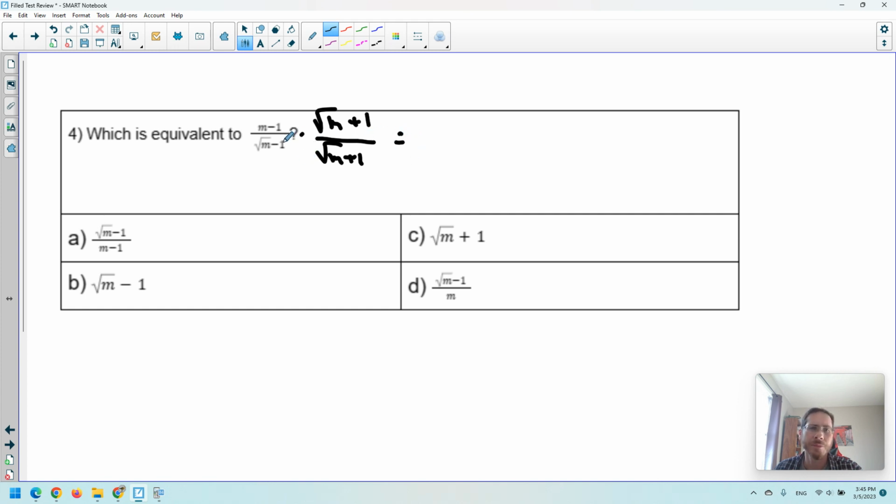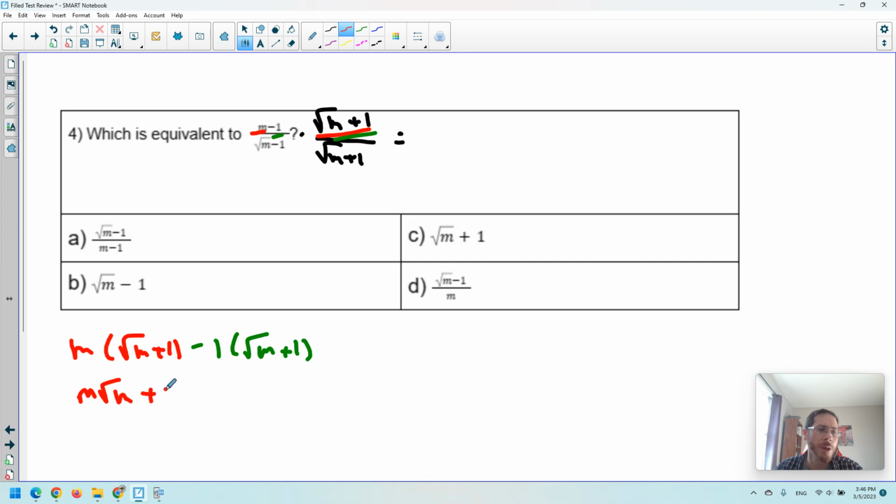When I do that, up top, we do have to do the double distributive property. So m times square root m plus 1 minus 1 times square root m plus 1. This is going to give us m radical m plus m.